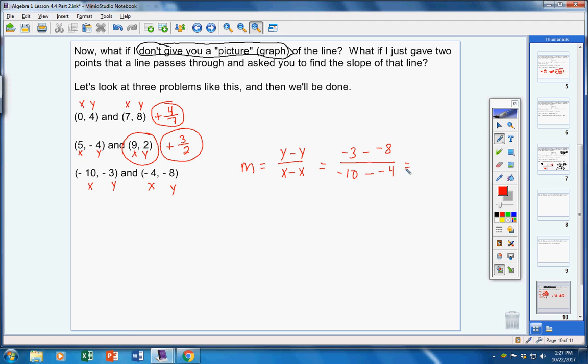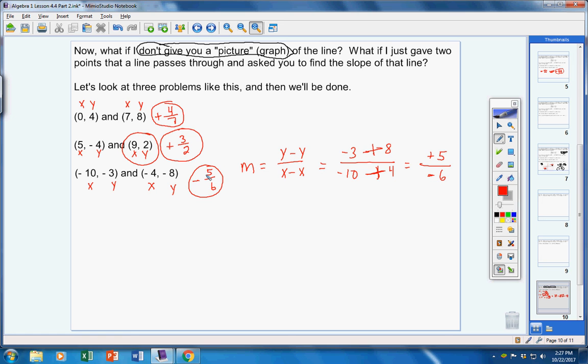So I have negative 3, minus negative 8 makes that a positive 8. So negative 3, positive 8, that's a positive 5. Negative 10 minus a negative 4 makes that a positive 4. Negative 10, positive 4, negative 6. Now students, a positive over a negative is negative. And 5 sixths cannot be reduced. So your slope is negative 5/6.